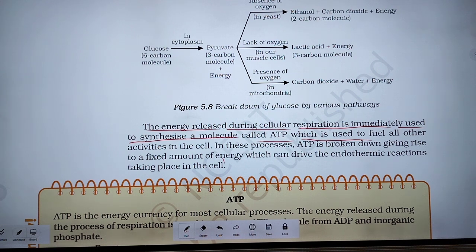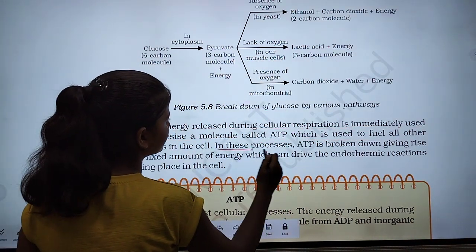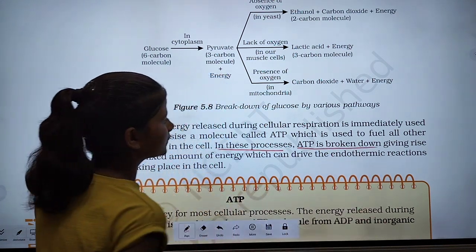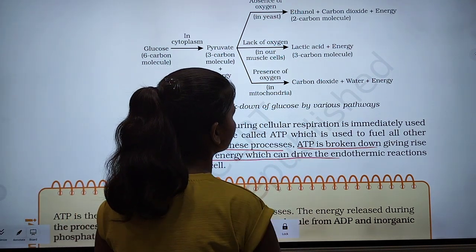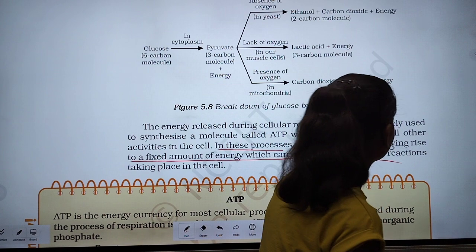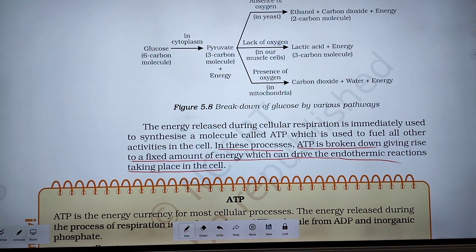Okay, let's see other activities that are done in our cell. In this process, ATP is broken down, giving rise to a fixed amount of energy, which can drive the endothermic reactions that take place in the cell.